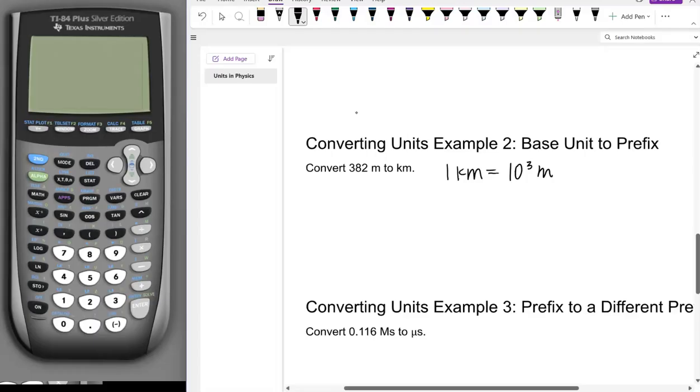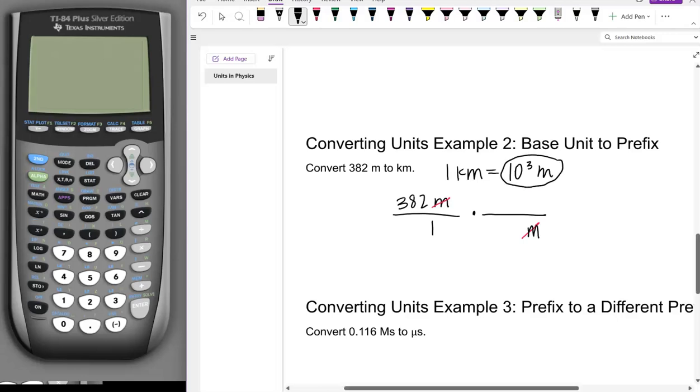Now we're going to do the same exact process. We start with the given value on the top over 1. We multiply. This time, since meters is what we're given, we want to put the meters in the denominator so that it'll cancel out.